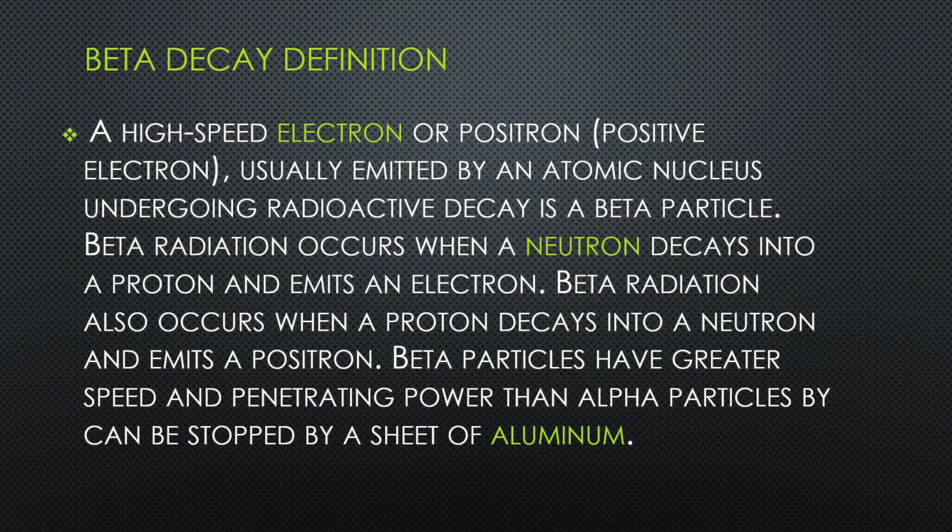Very strange. Beta particles have greater speed and penetrating power than alpha particles, and can be stopped by a sheet of aluminum. So these are our second strongest. Our weakest decay is alpha, and then it's beta.